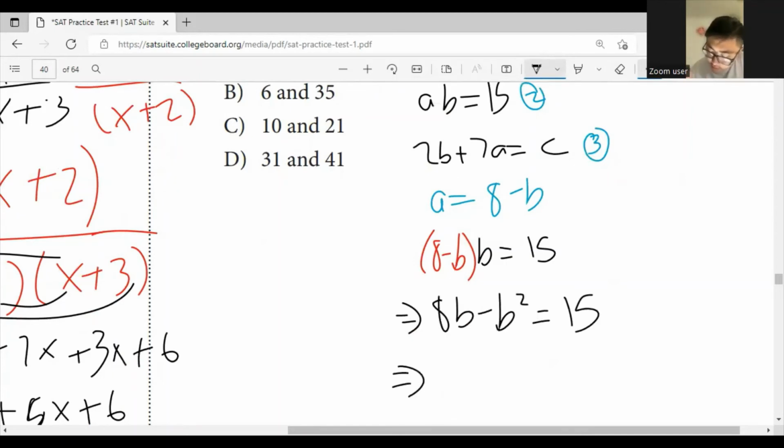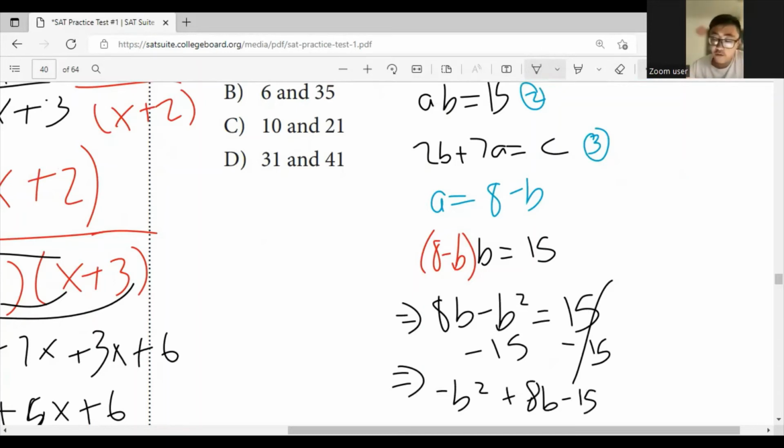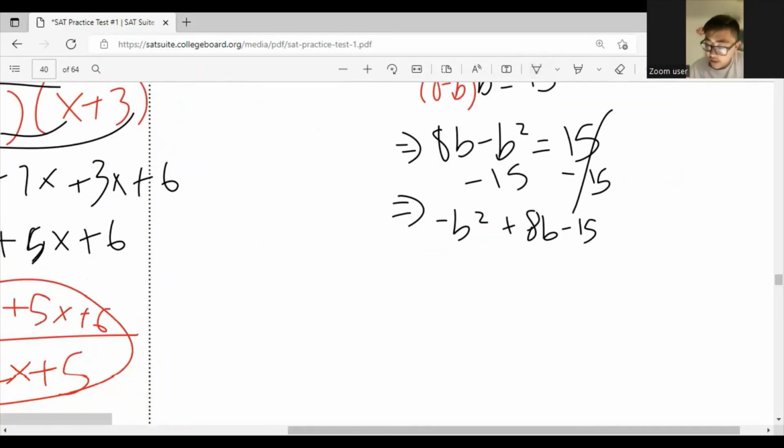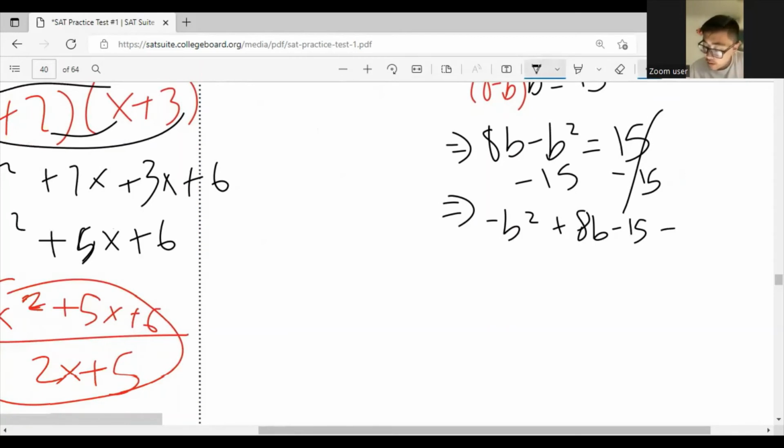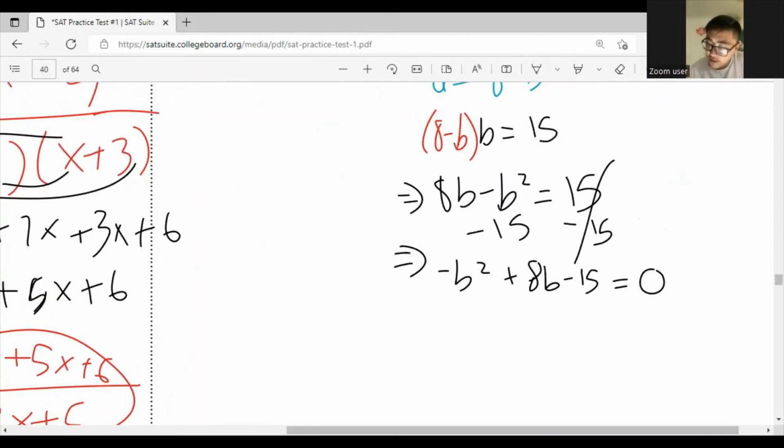Rearrange some things around. I'm going to subtract 15 on both sides. So I'm just going to have minus b squared plus 8b minus 15. All right, cool. And now that's equal to 0. And now I want to tell you guys this beforehand.